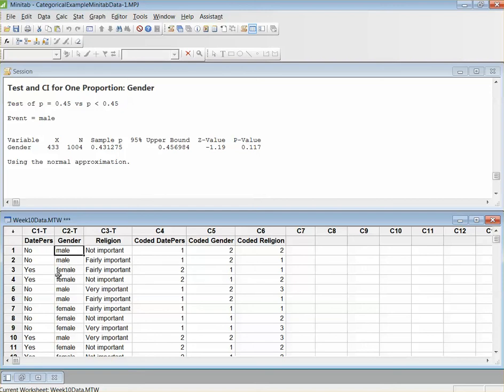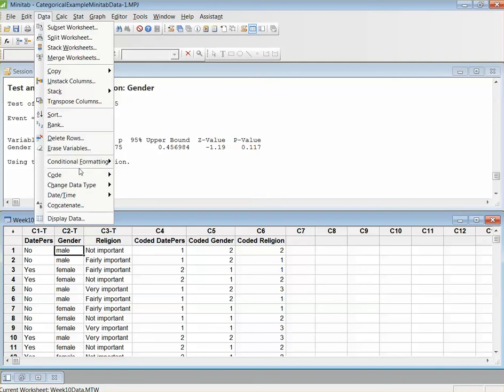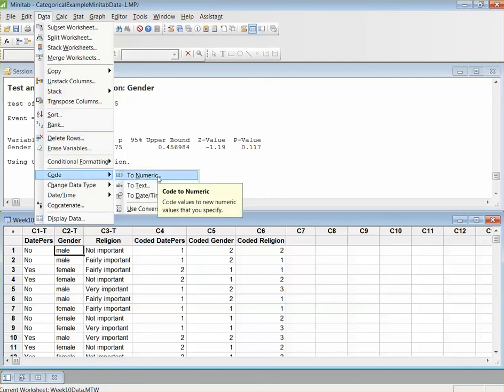What if we wanted it to be testing the female? In order to test the female, we're going to actually have to code the data a little bit differently. So if you were doing your project and you wanted to test this, but you didn't want to test the male, you wanted to test the female, this is what you would do. So first of all, we have to go to Data, Code, and we're coding to numeric. Remember, we did this before, so you should remember how to do this.